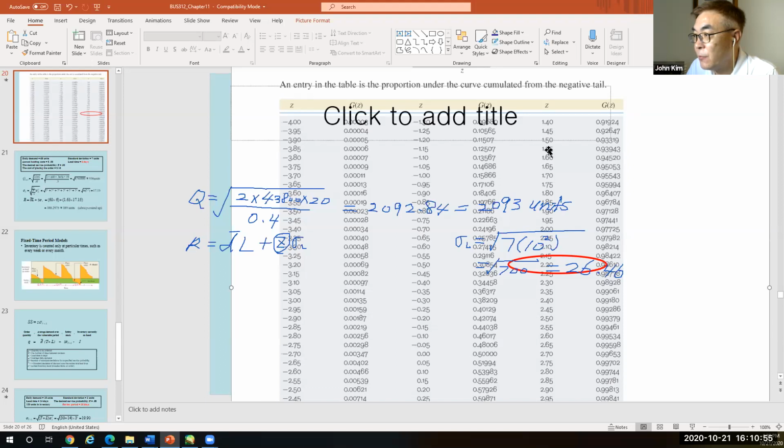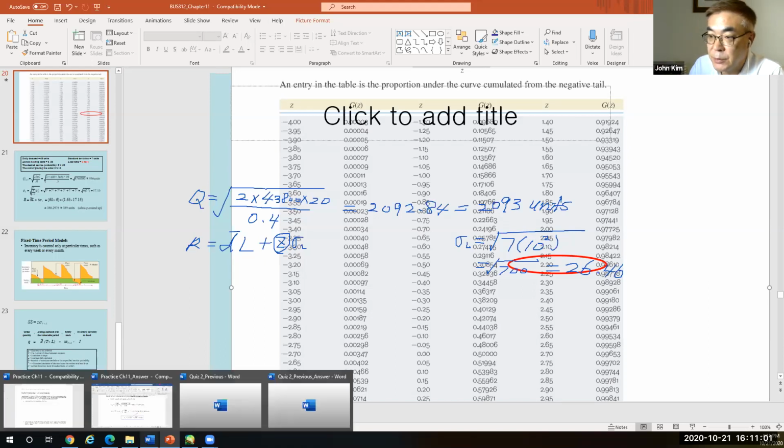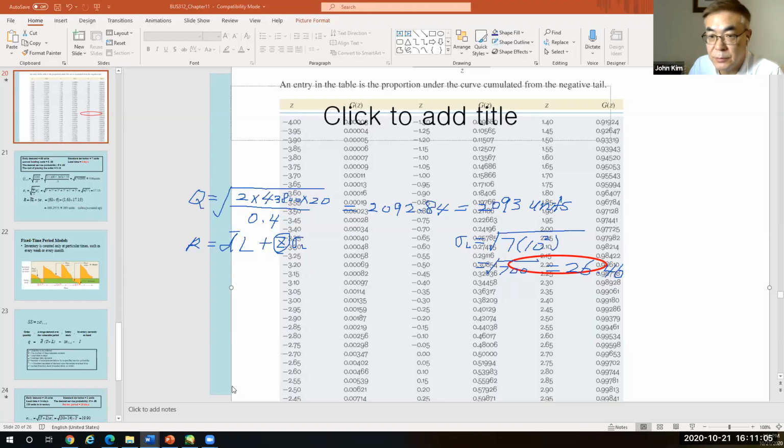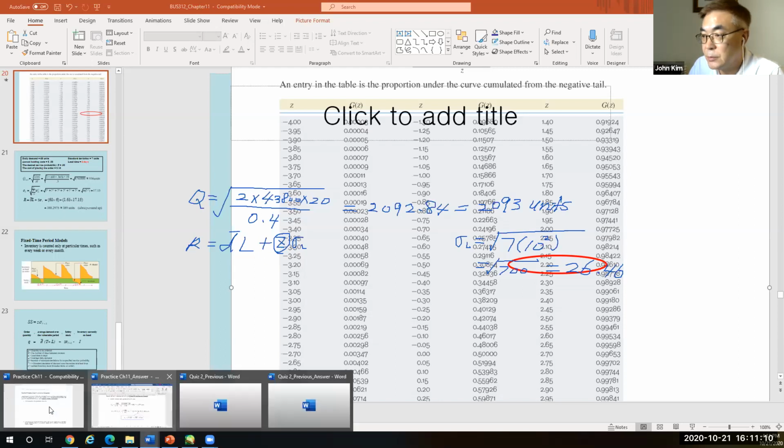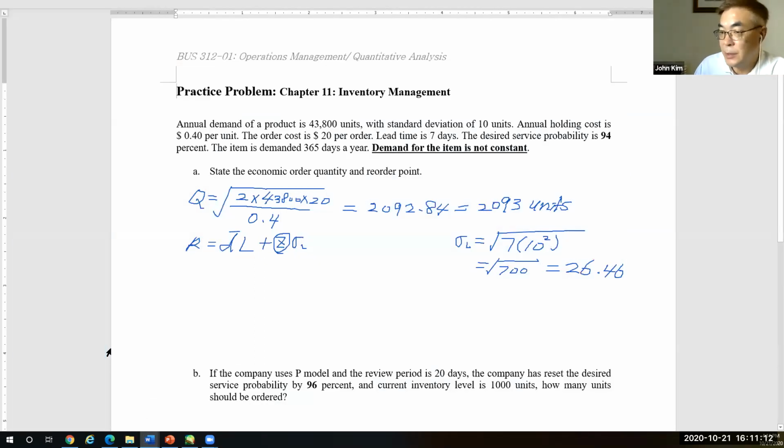So take 1.55 as z-score. So that is 1.55.